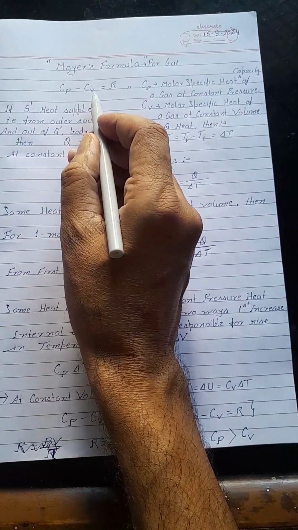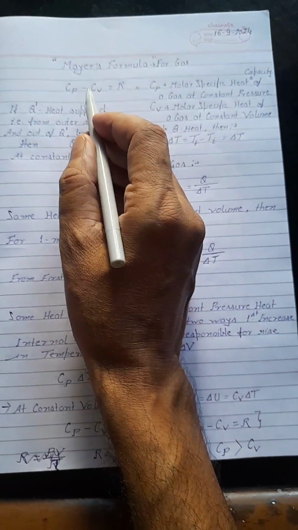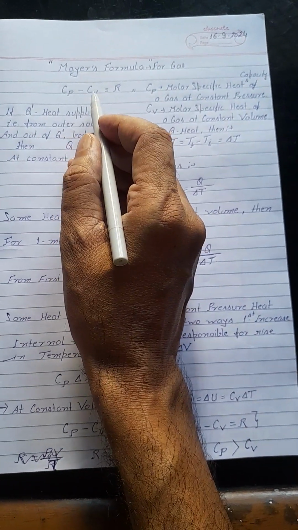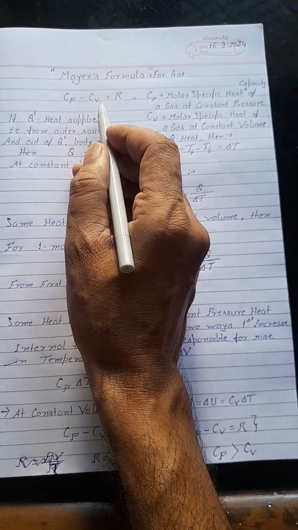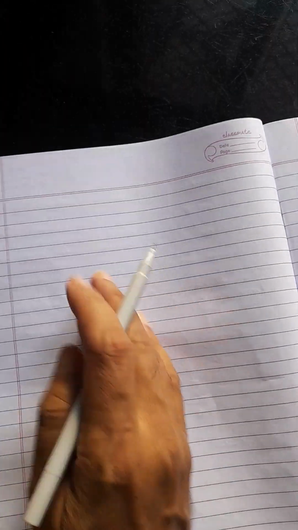Okay, the main formula tells Cp minus Cv equal to R. Now before proving this one, we have to understand what is Cp and Cv. Before that, we have to find out what exactly the specific heat is.